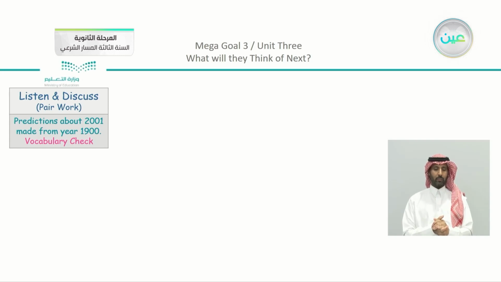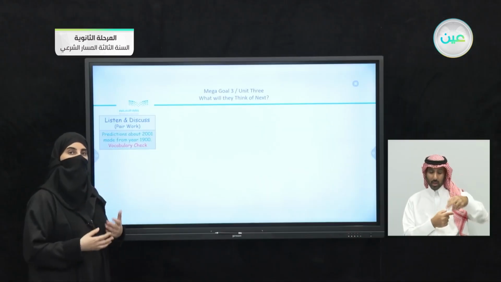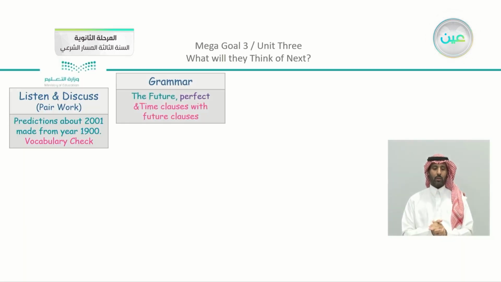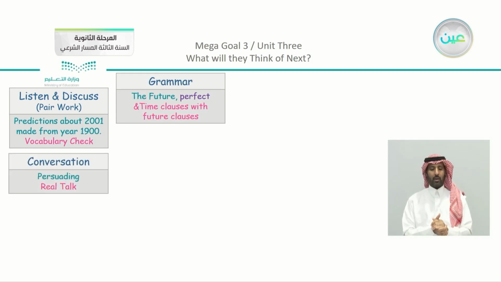It was also the time that we discussed the new vocabulary, or the vocabulary check, which was in the first lesson. After that, we took the grammar. We studied the future perfect, and also we studied time clauses with the future. We had our conversation.